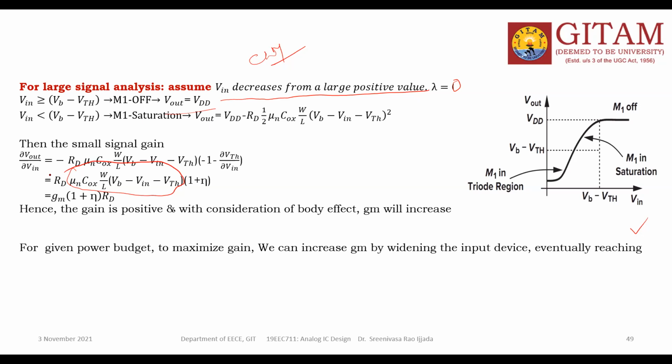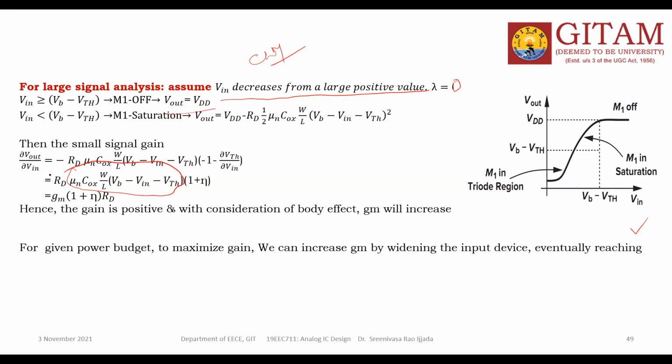If you include the body effect, it becomes GM plus GMB into 1 plus eta into RD. Clear? So what is the procedure to maximize the gain? For a fixed amount of input voltage, the limit is given, 0 to 5 volts. You should not go beyond 5.